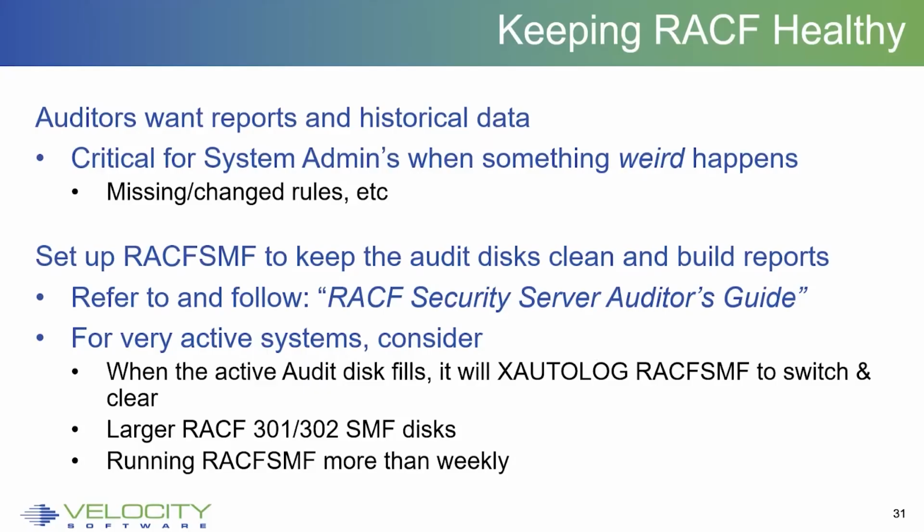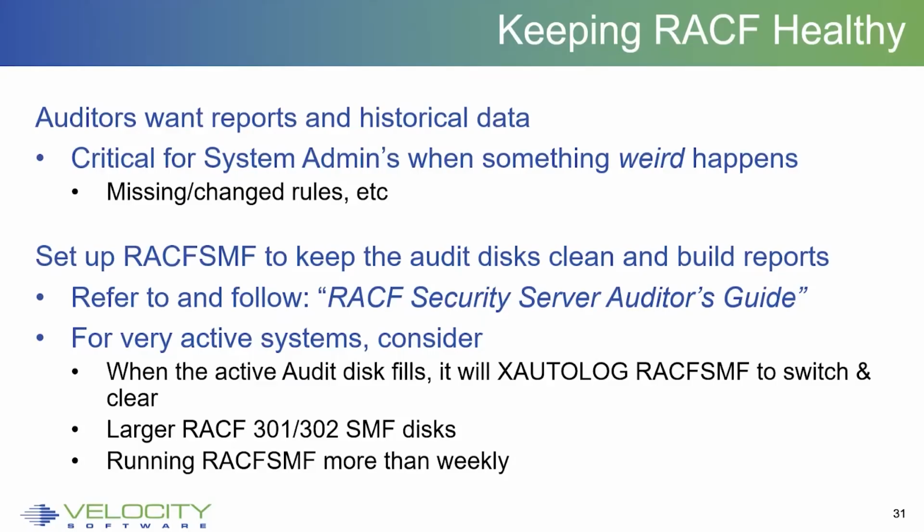Now, for active systems, if you've got a very active system, you've got a lot of minidisks, you have a lot of security things going on, you want to pay attention to your audit disks. By default, those disks are built with a size that is generally pretty good for relatively moderate systems.